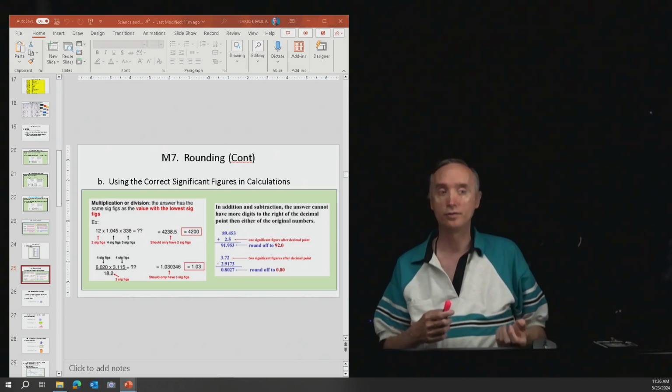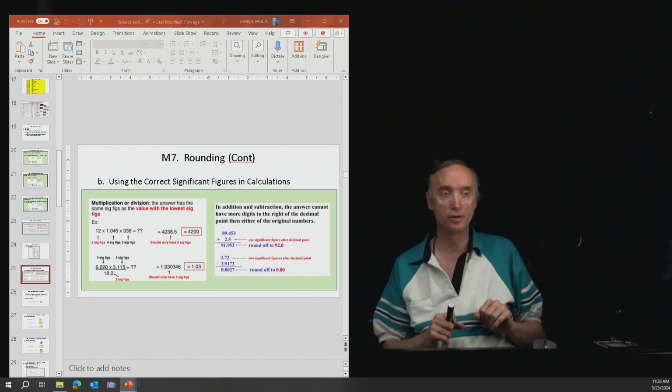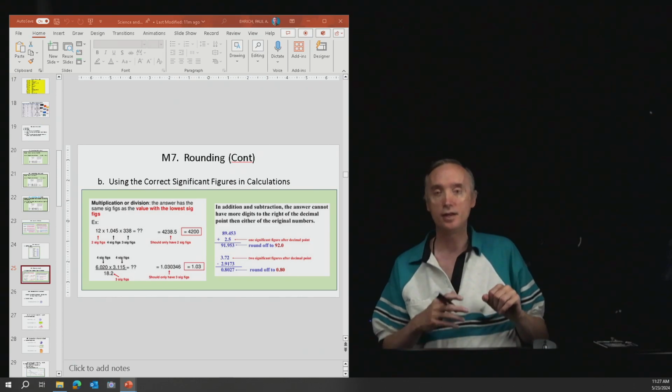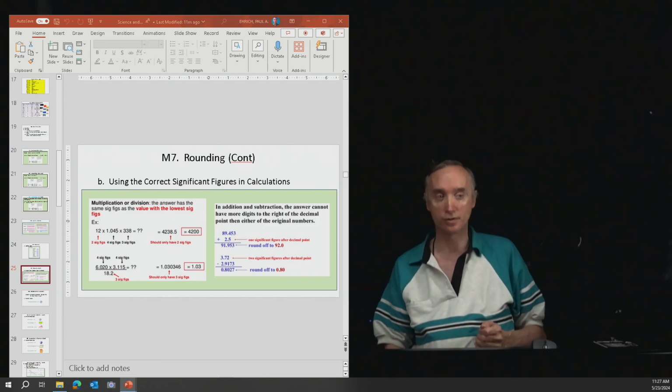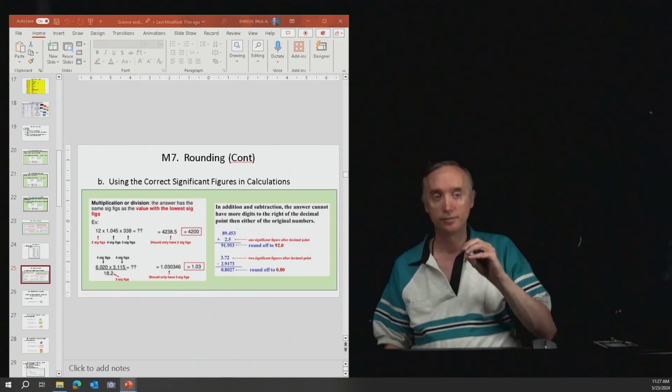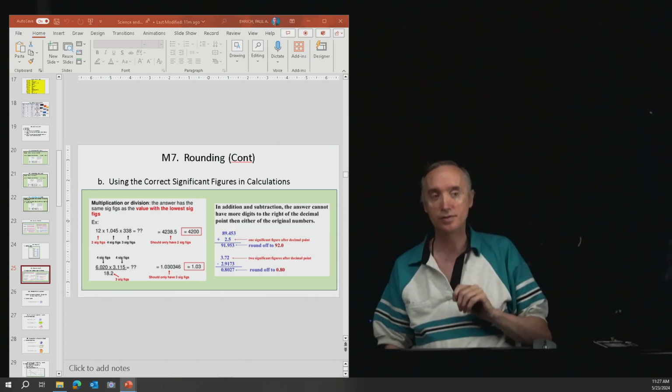So what are we going to do? Well, the first thing is multiply all of those numbers together on your calculator. Then you're going to round the final answer down to whichever number had the least number of significant figures.